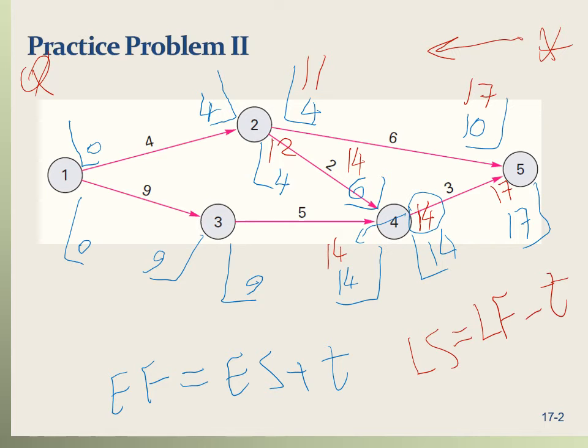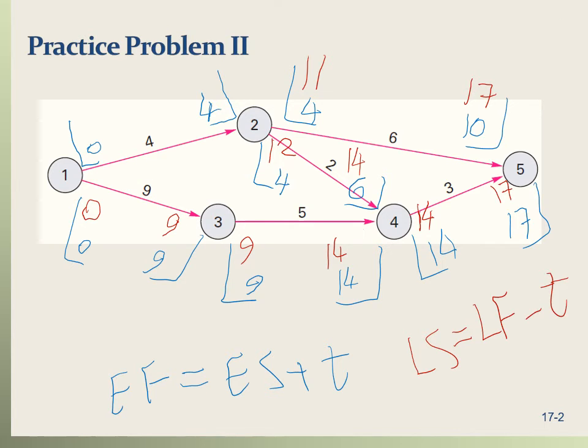The late start using the formula is the late finish, which is 14, minus t, which is 5. So that's 14 minus 5, which is 9. The late finish for activity 1 to 3 is equal to the late start of the next activity, so that's 9. And the late start, using the formula, is 9 minus t, which is 9 minus 9, that's 0.